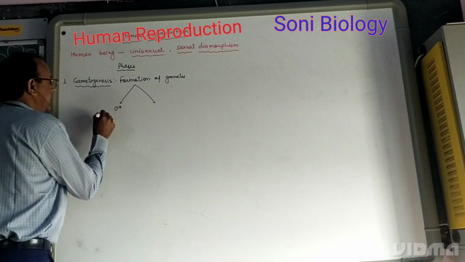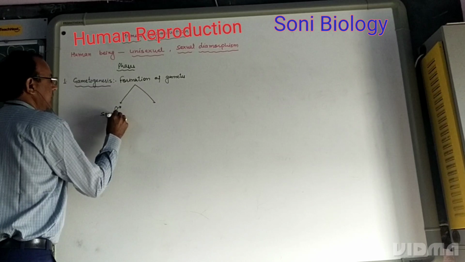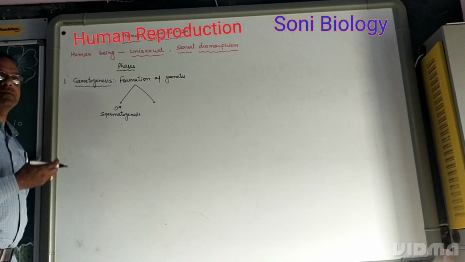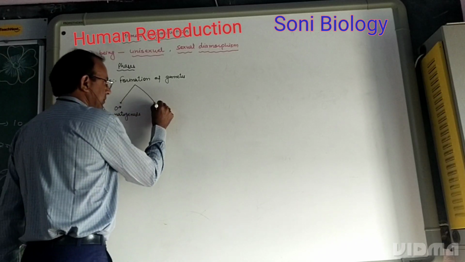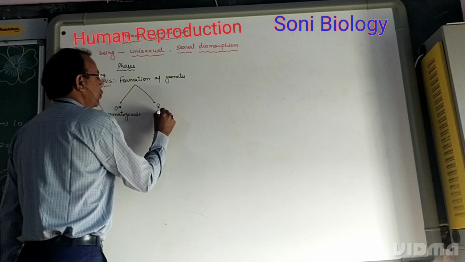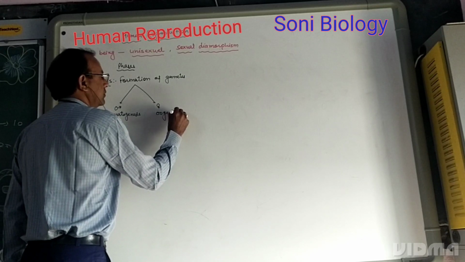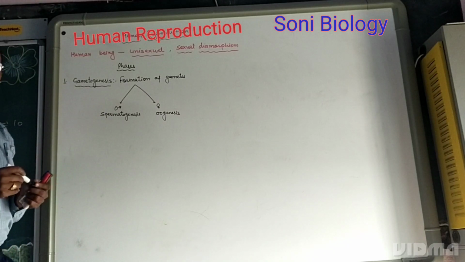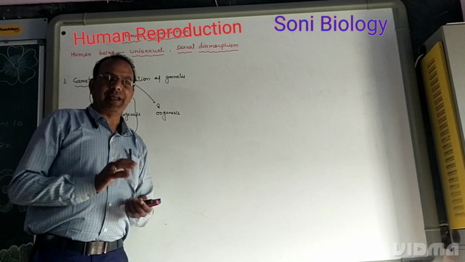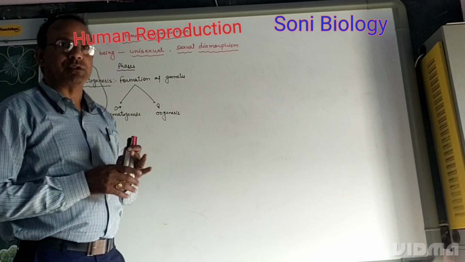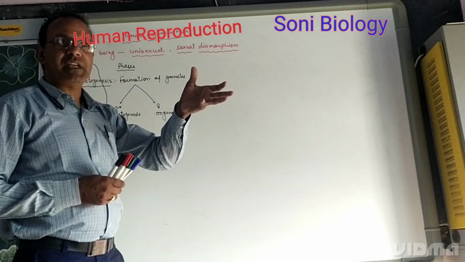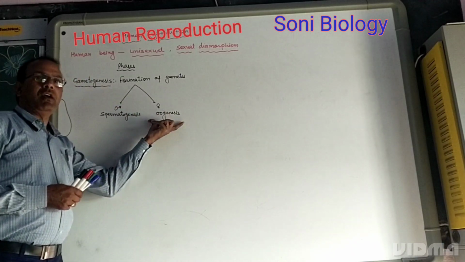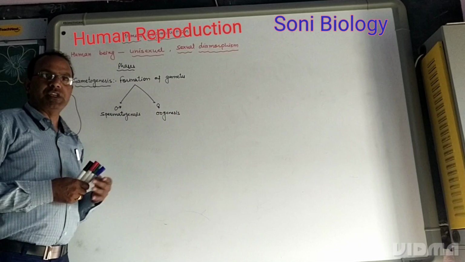In males, it is known as spermatogenesis, because in males sperms are produced, and in females this process is known as oogenesis. So the first phase which occurs during reproduction is gametogenesis, the process in which gametes are produced. In males, sperms are the male germ cells, or gametes. The production of sperm is known as spermatogenesis. In females, the ovum is produced, and that is known as oogenesis.